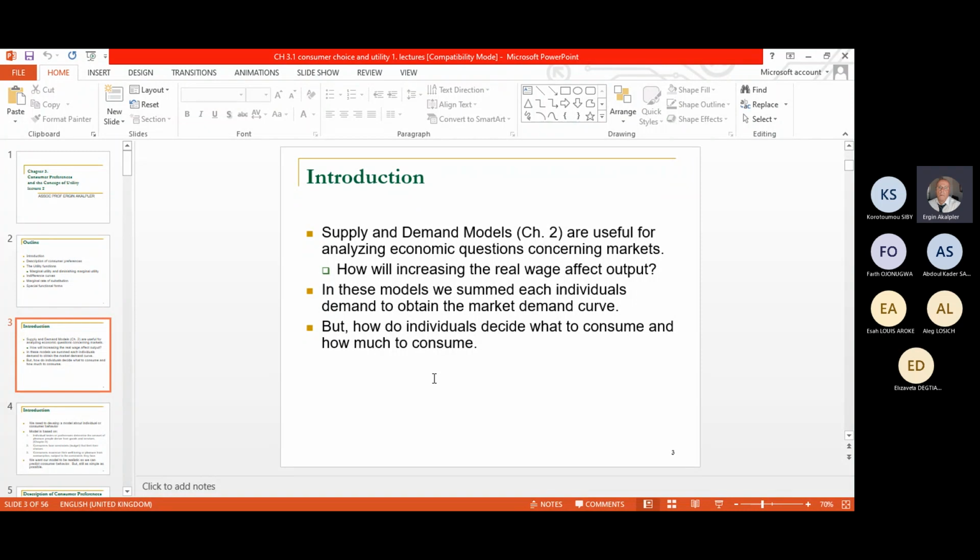In the models, we sum each individual's demand to obtain the market demand curve. Whether individuals decide to consume, how much they consume, and what their preferences are, and how to optimize their preferences, utility is introduced to you, and how it is related to the supply side will be introduced.